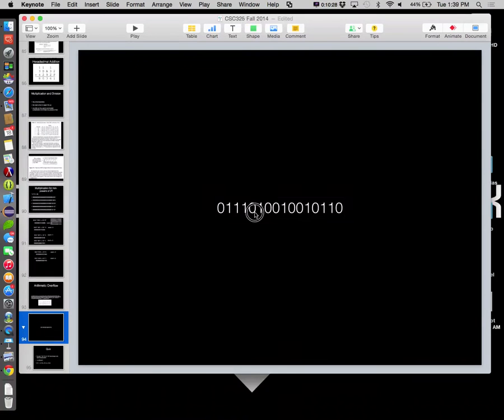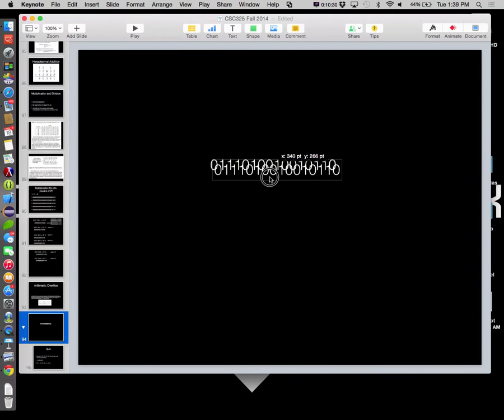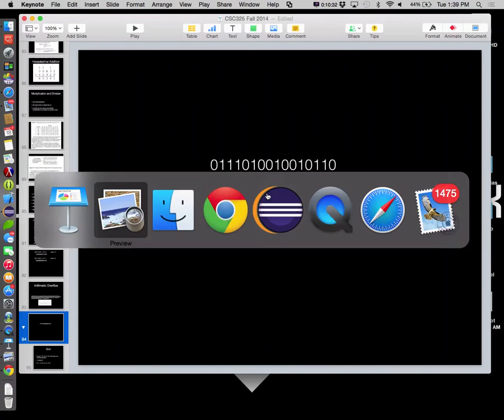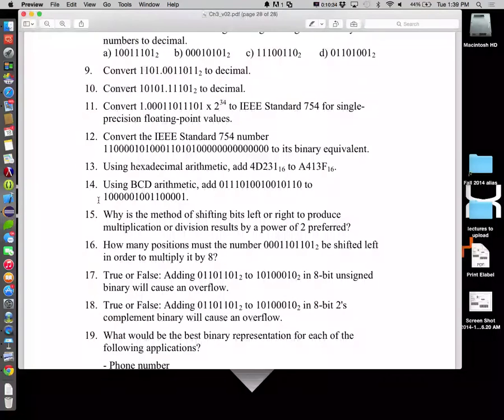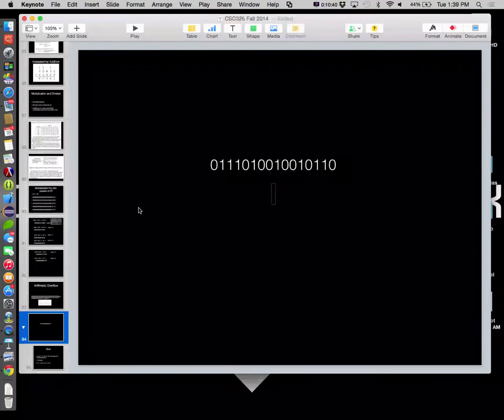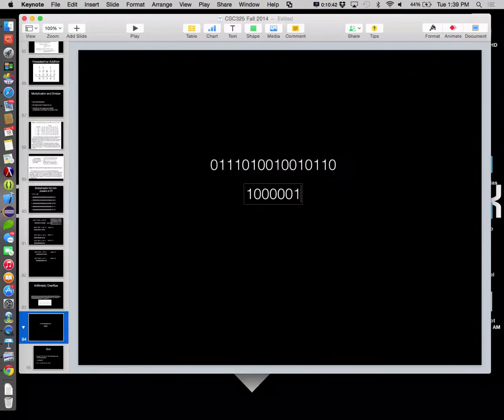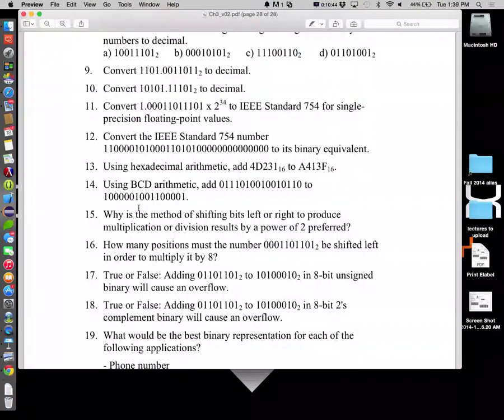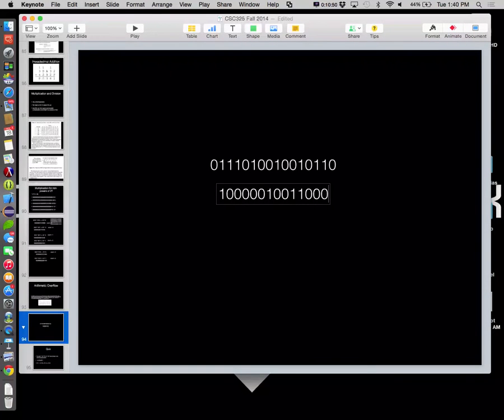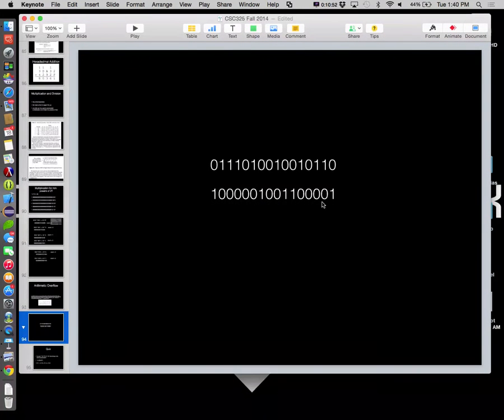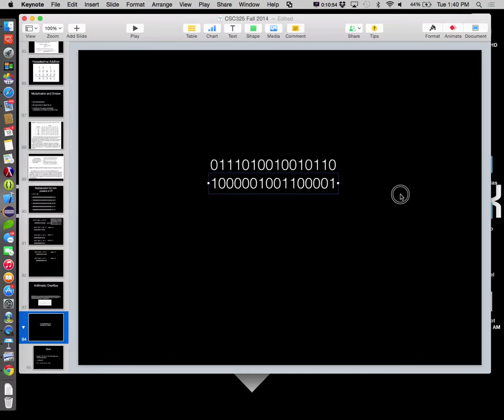That's our first number. Second number, 1 followed by 5 zeros, followed by 1. 11, 4 zeros, 1. All right, so these two numbers in binary coded decimal arithmetic.